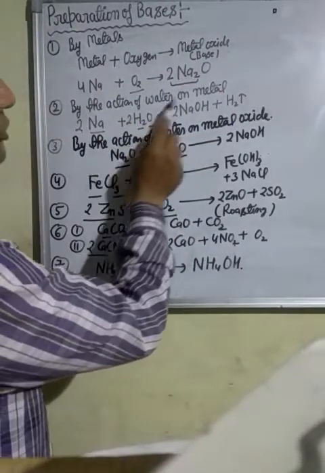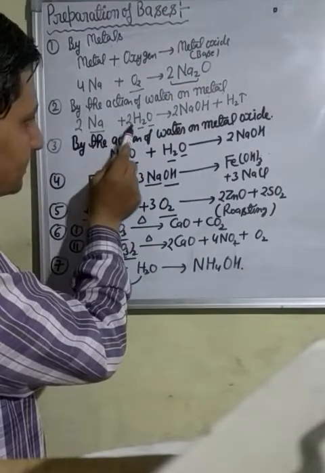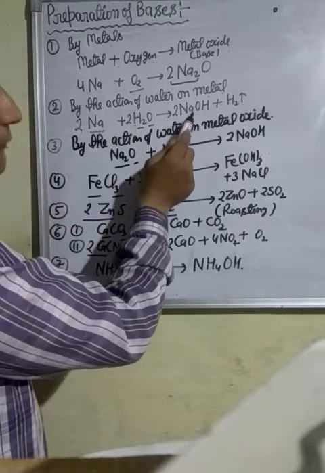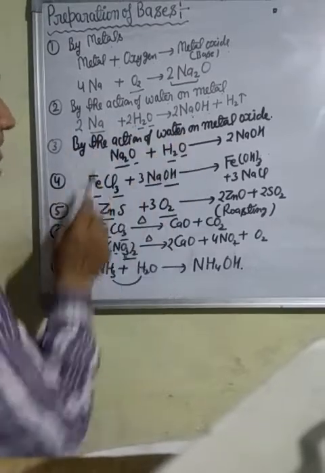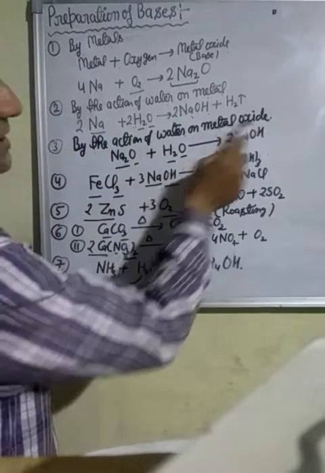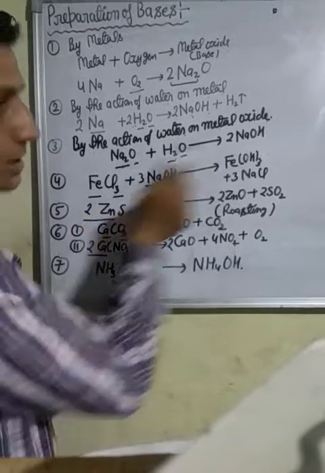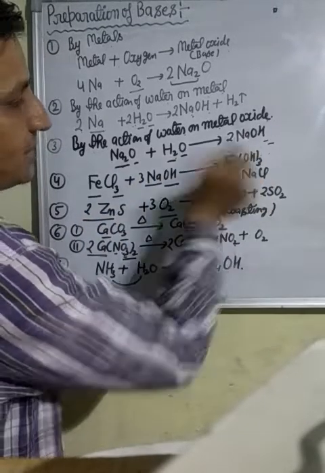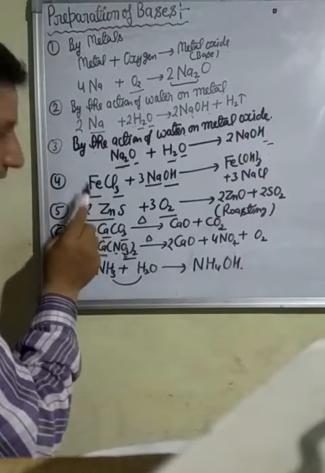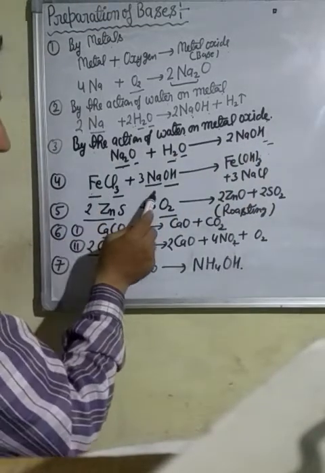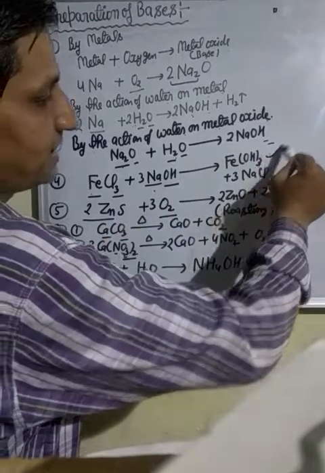Second, by the action of water on metal: metal reacts with water to form base, sodium hydroxide. By the action of water on metal oxide, water reacts with metal oxide to form base or sodium hydroxide.